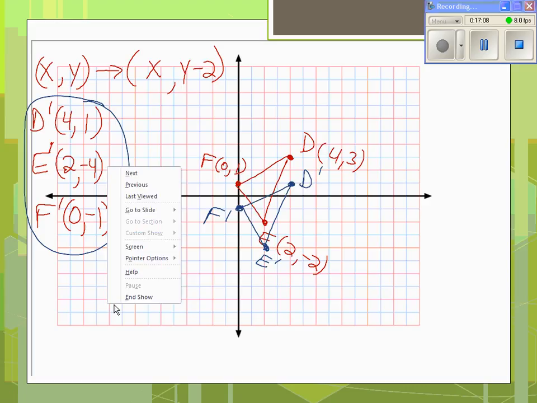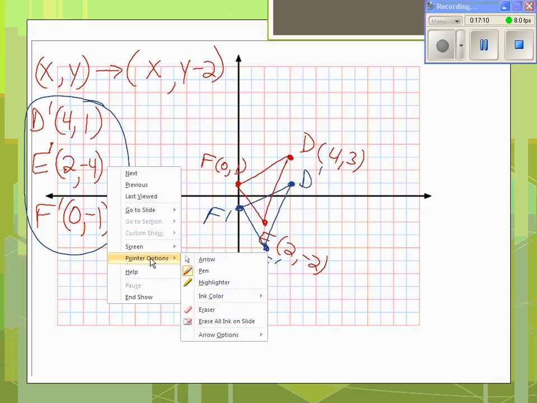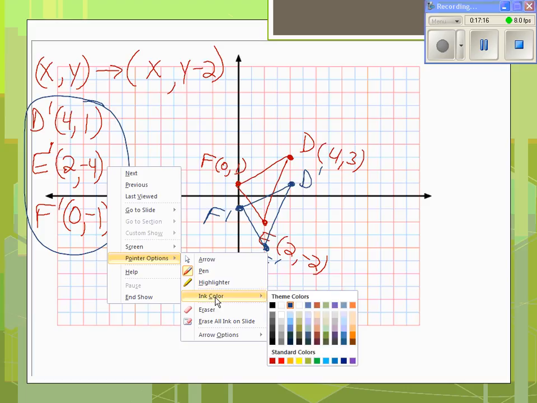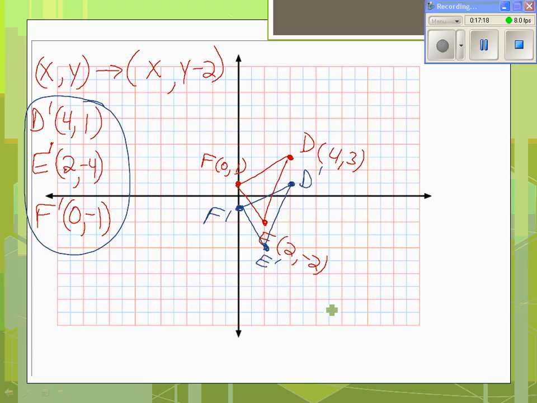Then the next one said to go across the y-axis. Let's do that in green. So if you're gonna reflect it across the y-axis, your rule for reflecting across the y-axis is (x, y) goes to what? Negative x, positive y. So if we came back over here, D double prime is going to be (-4, 1).